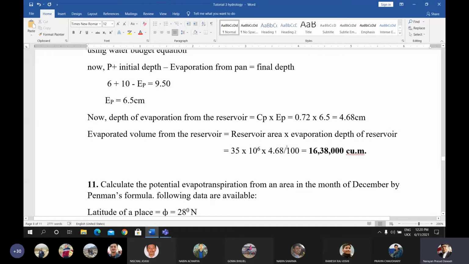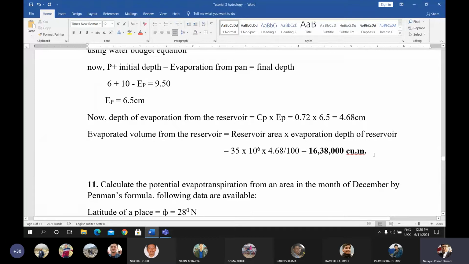This centimeter is converted into meter by dividing by 100. You will get the total evaporated water from the reservoir as 16,38,000 cubic meter.